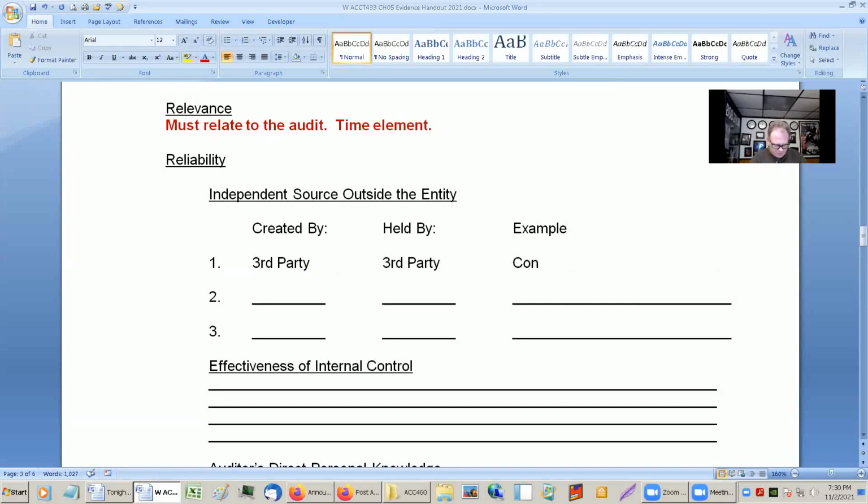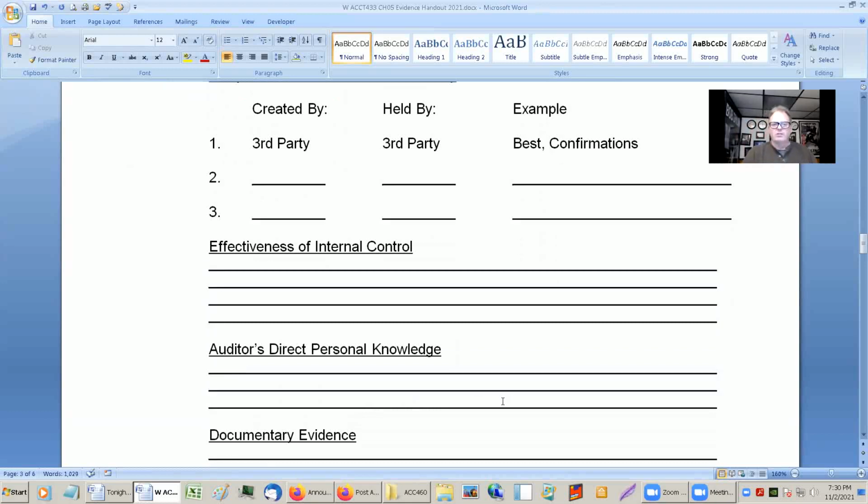It could be confirmations, the confirmations that are sent directly to the auditors. That would certainly be one of them, but anything that's created by a third party and held by a third party, it could be correspondence with lawyers and other things. But this is the best evidence. So for instance, a bank confirmation that's sent directly to the auditors.